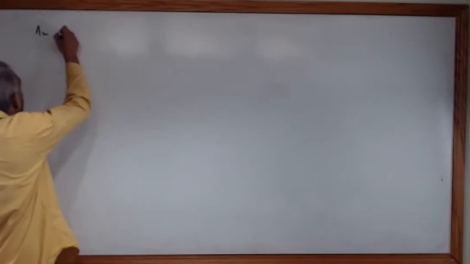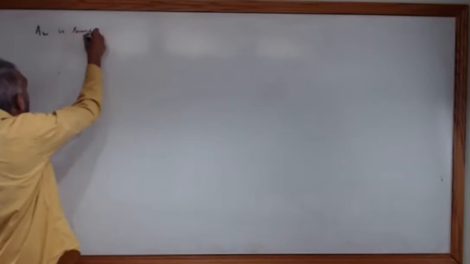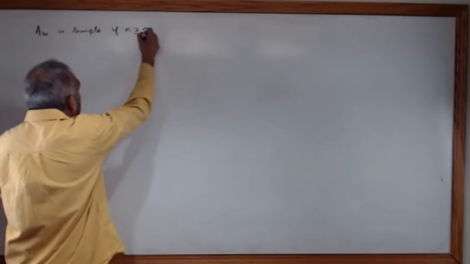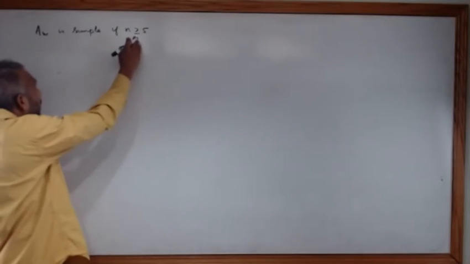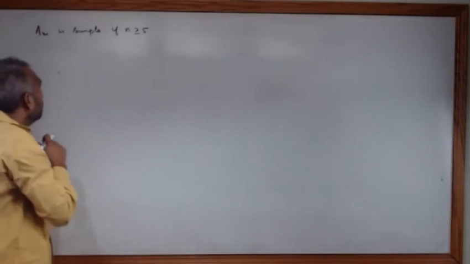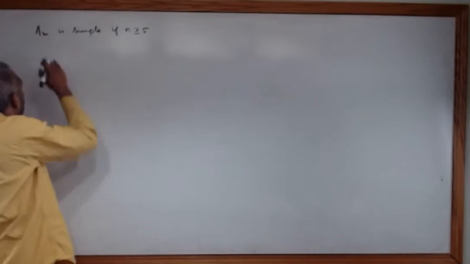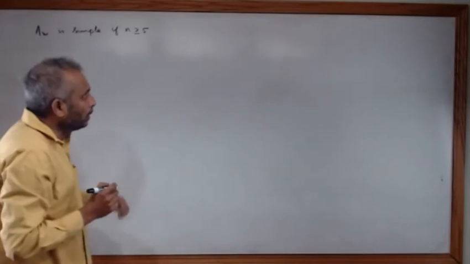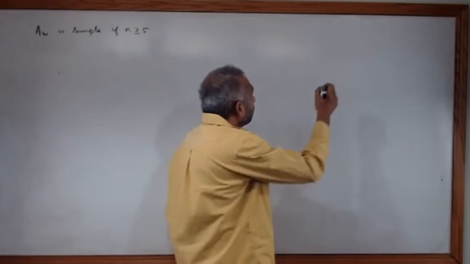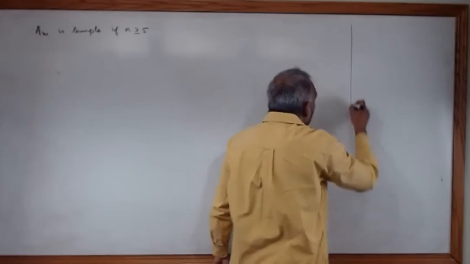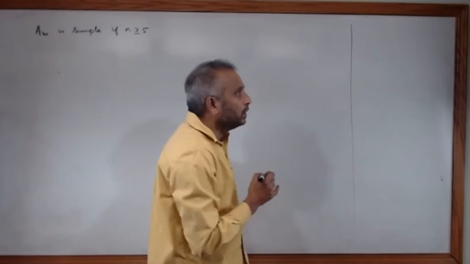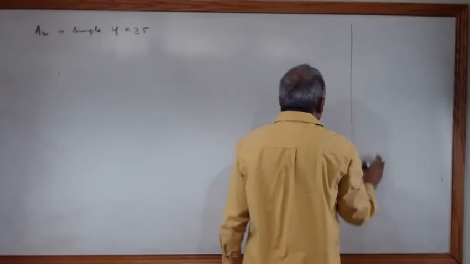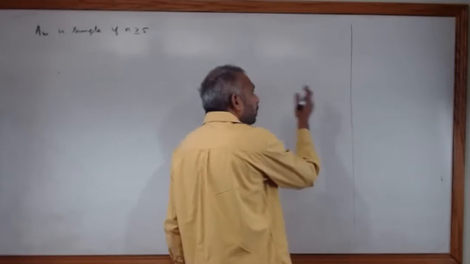See, this An is simple if n is greater than or equal to 5. For all n greater than or equal to 5, An is a simple group, meaning An does not have a proper normal subgroup. So to start with the proof of this, we have to follow some steps. I'm going to write down the layout of the proof here, and we'll prove one by one.